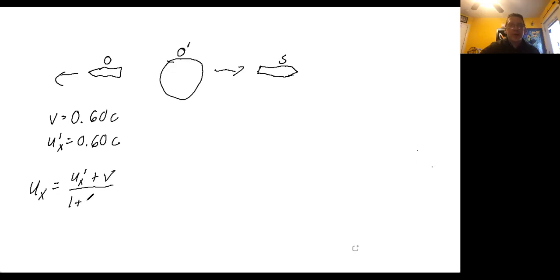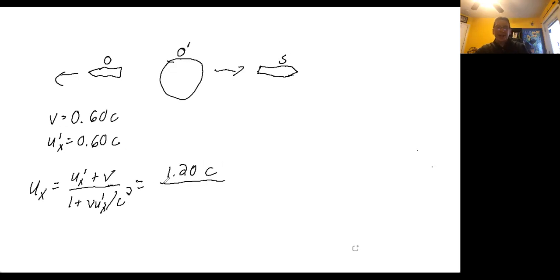So let's plug these in. The numerator is what it would be in non-relativistic transformations, which would be 1.20 c.